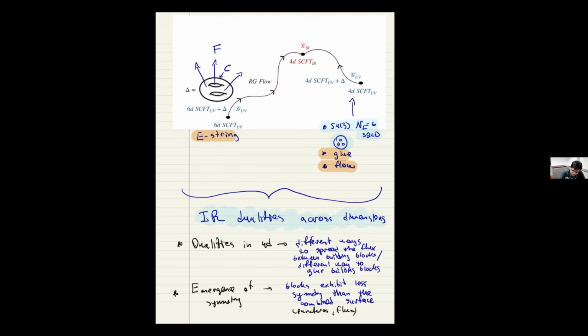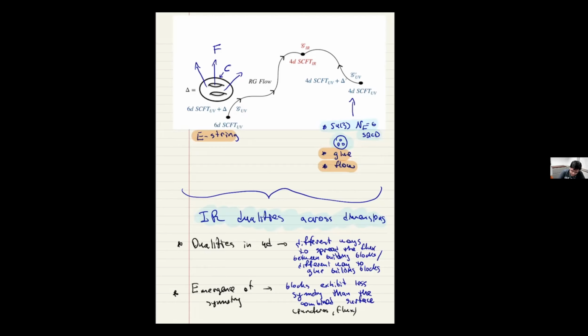And we found for each of these choices, except for the choice of torus with no flux, a 4-dimensional theory which either directly describes this theory, is a conformal dual to it, or an IR dual to it. So this is an example of IR dualities across dimensions. We have a 6D theory deformed by some deformations, which flows to exactly the same fixed point as a collection of 4D theories.